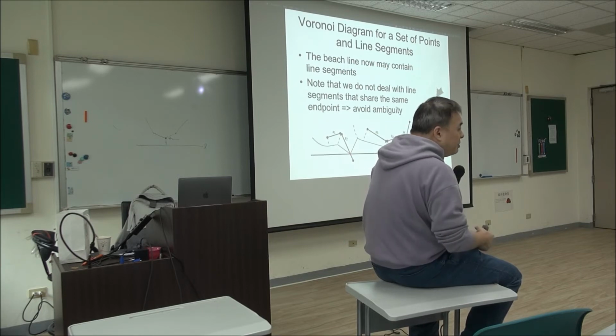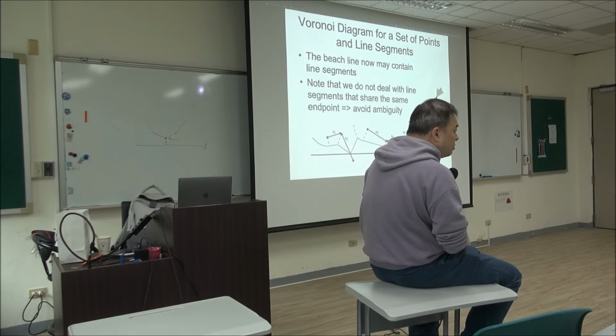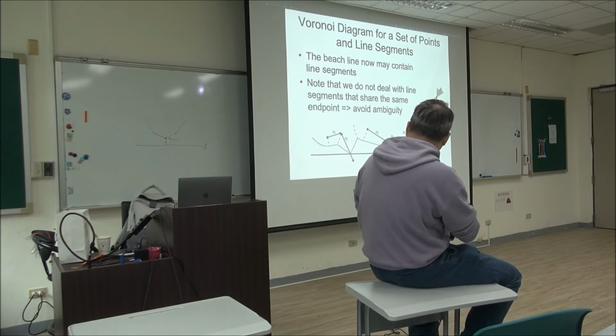The segment is part of the Voronoi diagram. But you can see it's also going to create two components in the beach line, and both components will actually be straight lines.